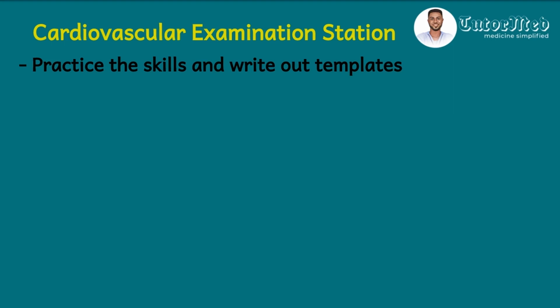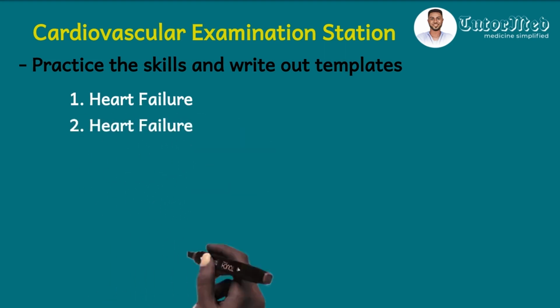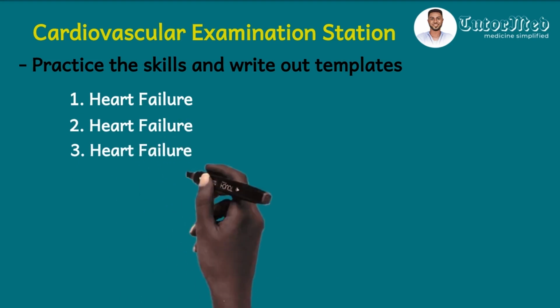And so for the relevant cases to note for this station, number 1, heart failure. You cannot go to a cardiovascular station without reading on heart failure. Heart failure is very important to read on before going to the cardiovascular examination station.